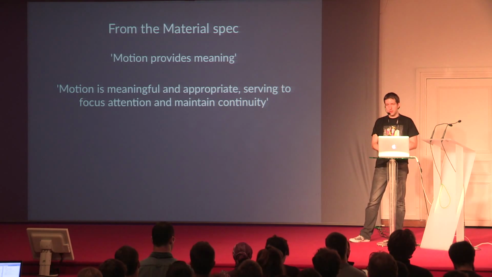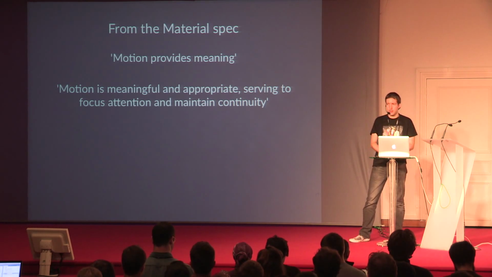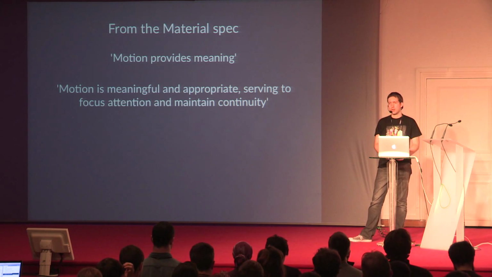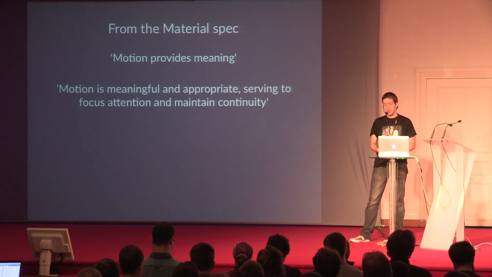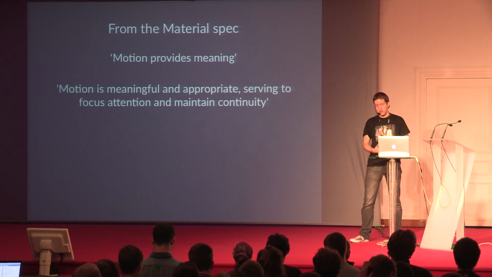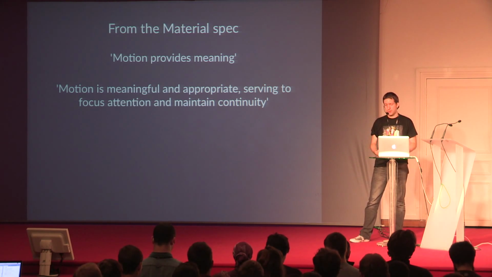First, in order to create this new version, we tried to follow the material spec. One very important aspect of it is the idea that motion provides meaning. It is especially important on mobile, where we deliver a very tactile, physical experience.